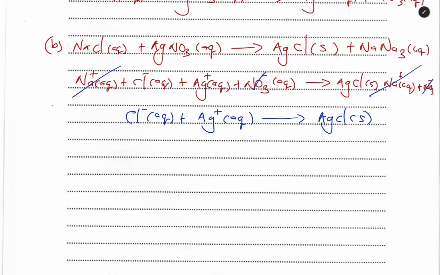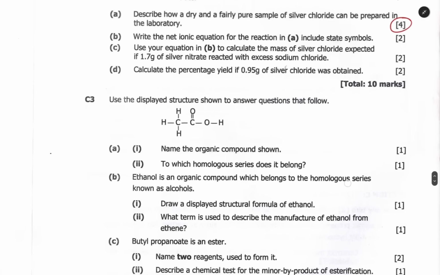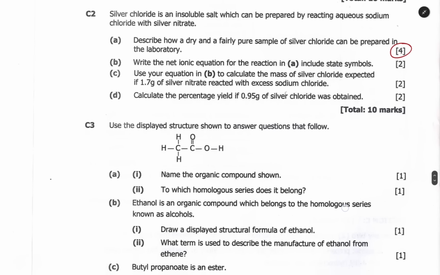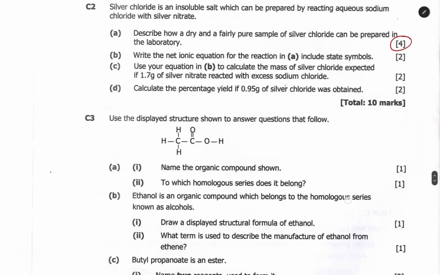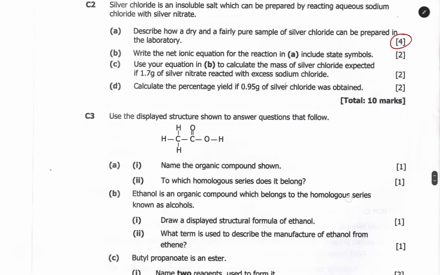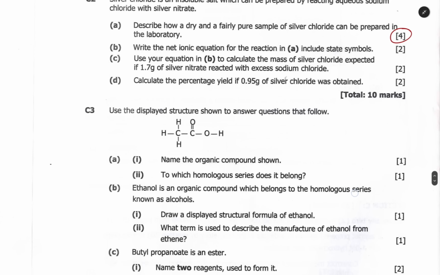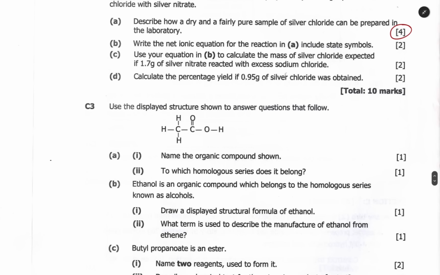Alright, I guess there's no problem up to this point. We are going to question C of C2 now. Use your equation in B to calculate the mass of silver chloride expected if 1.7 gram of silver nitrate was reacted with excess sodium chloride.